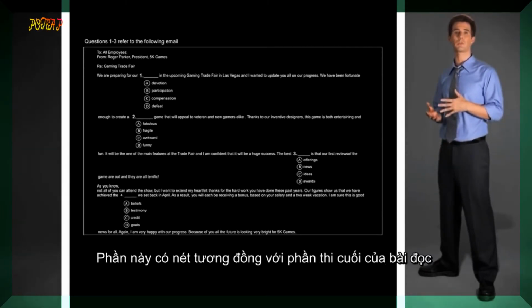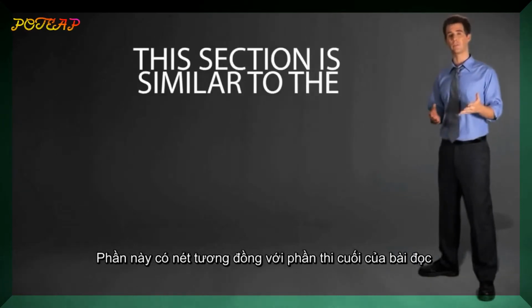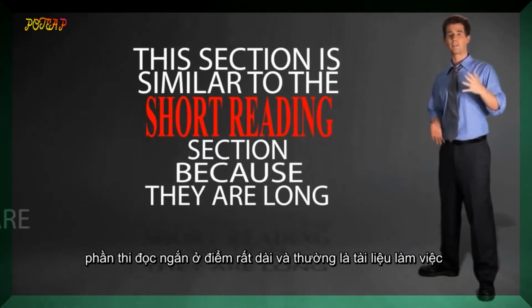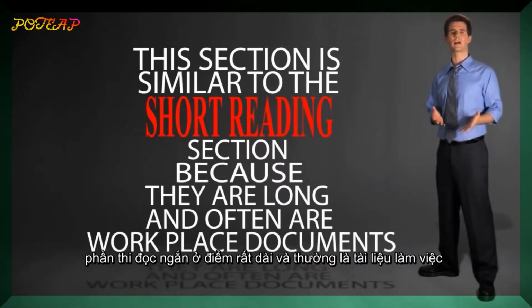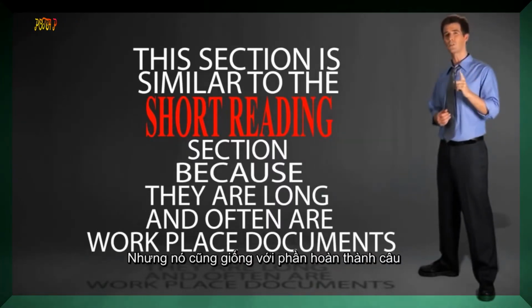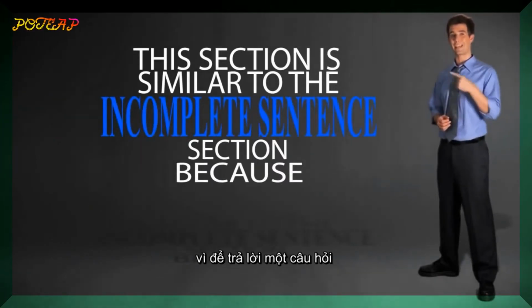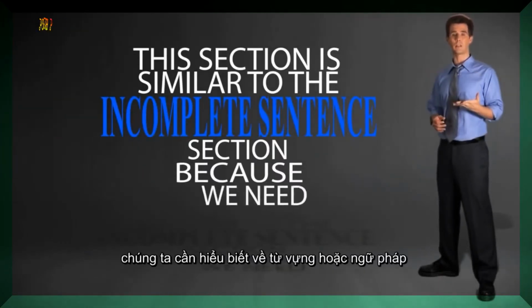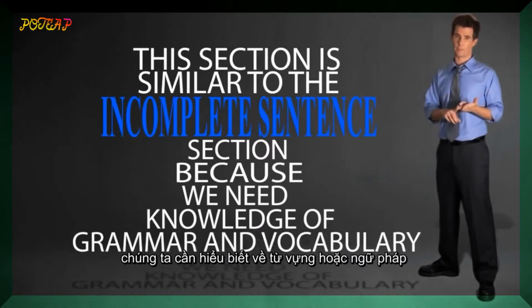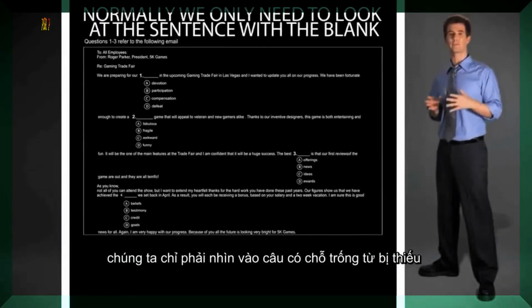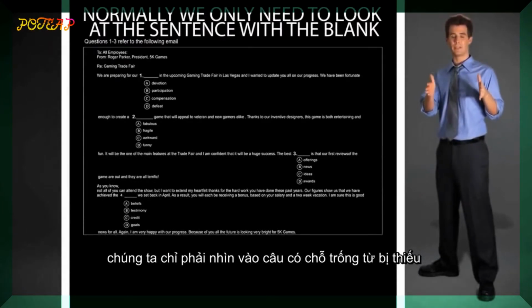Now, these are similar to the last section of the reading test, the short reading section, because they're very long and they're usually workplace documents. But it's also similar to the incomplete sentence section, because to answer these questions, we need some knowledge of vocabulary or grammar. Now, usually, to answer one question, we only have to look at that sentence that has the blank in it, the missing word.